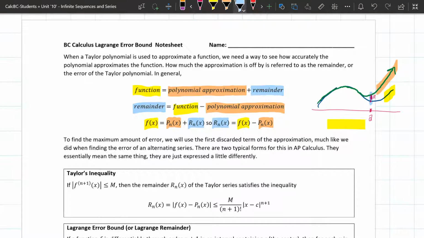To find the maximum amount of error, we will use the first discarded term of the approximation, much like we did when finding the error of an alternating series. There are two typical forms for this in AP Calculus. They essentially mean the same thing, they're just expressed a little differently.